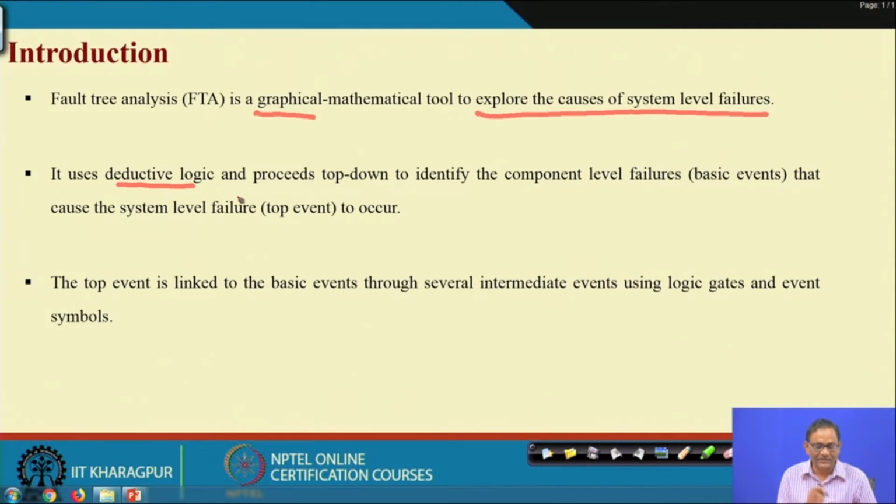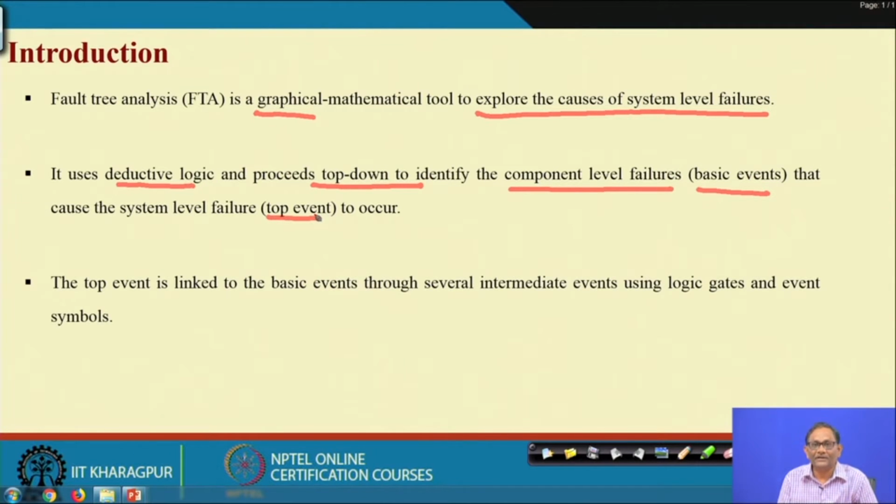That is why it is deductive logic, proceeding top down to identify component level failures. Now, the component level failures are basic events and the system level failure is the top event. We will explain what the component level failure is.